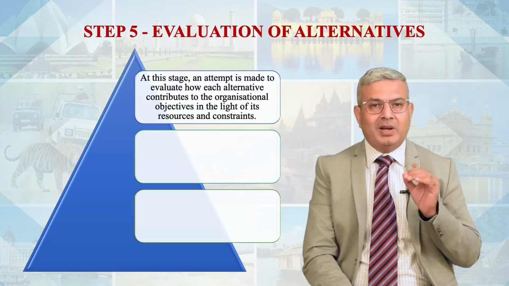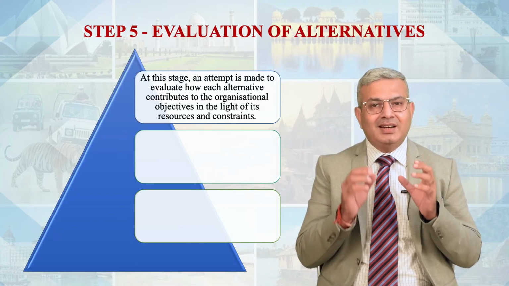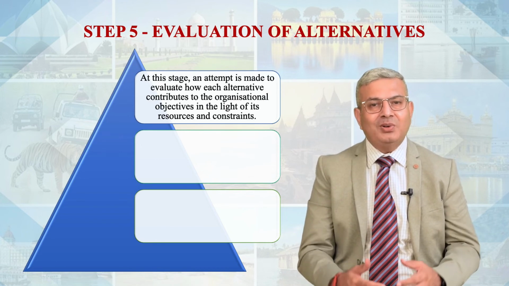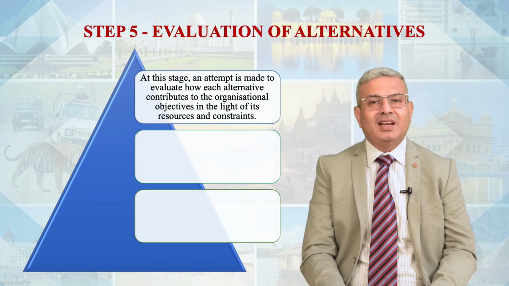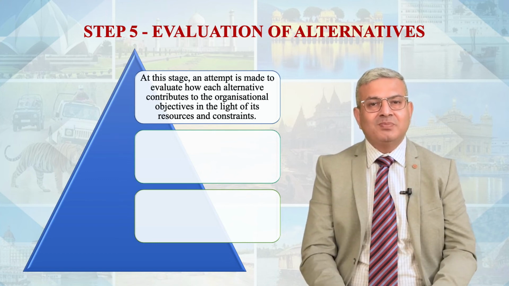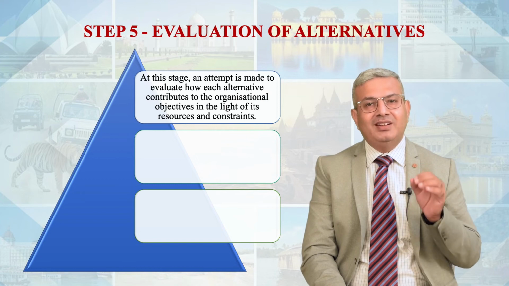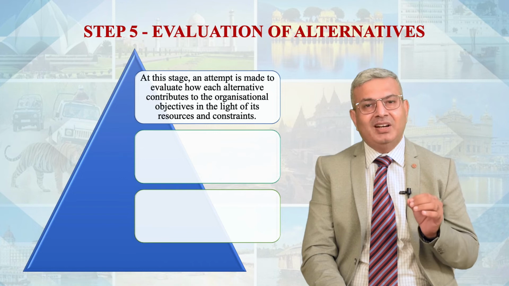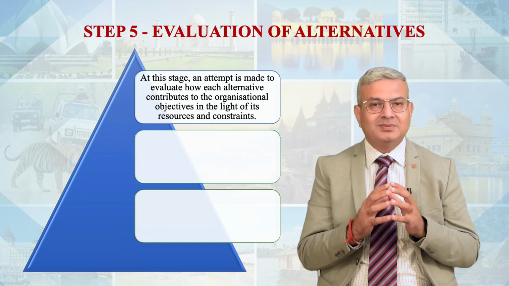Step number 5 is about evaluating the identified alternatives. So at this stage, the attempt is made to evaluate how each alternative can contribute to the organizational objectives, especially in the light of the resources and constraints that are available with the planner.